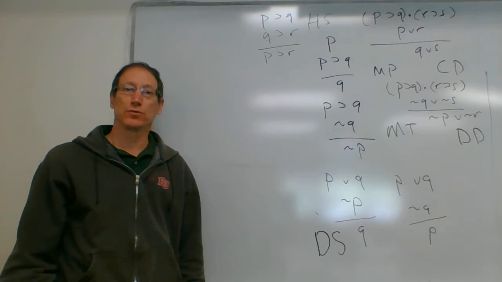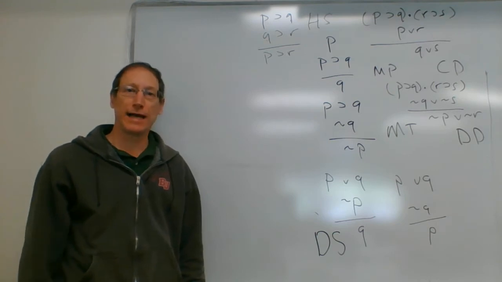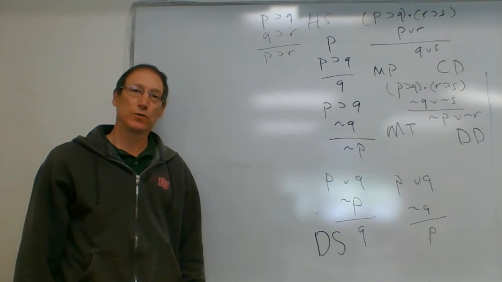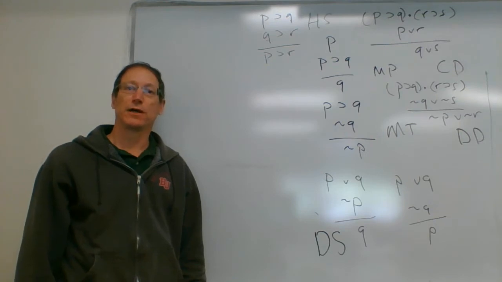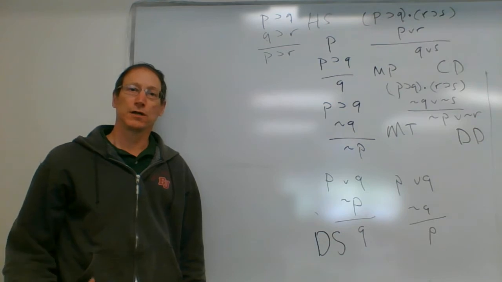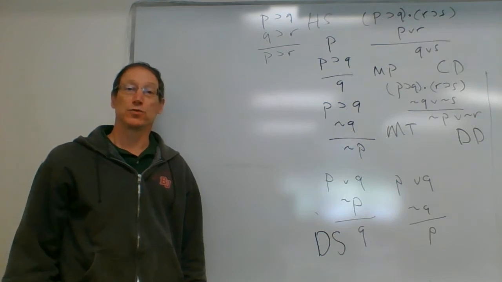So you got to learn certain rules, and then you have to learn how to construct a proof in propositional logic using the rules that allow you to get from premises to a conclusion. So the first step here is going to be learning some inference rules.